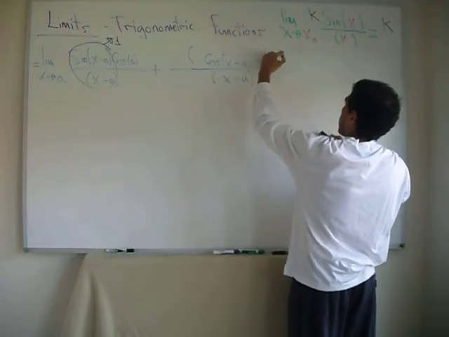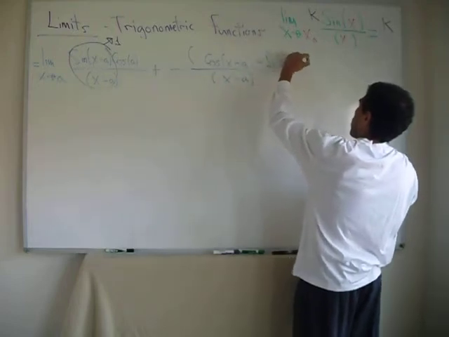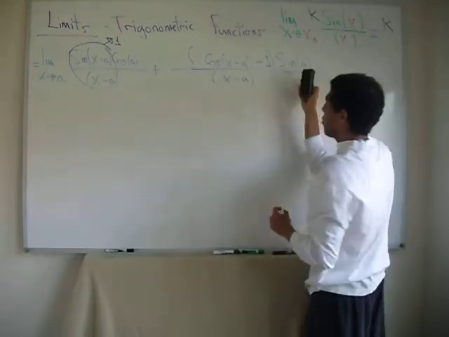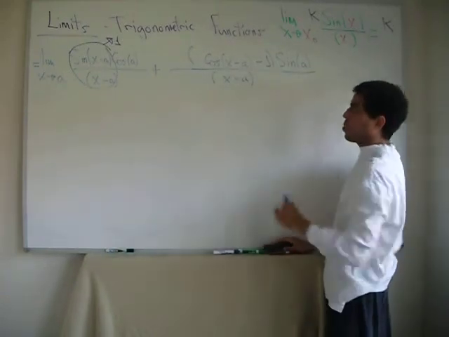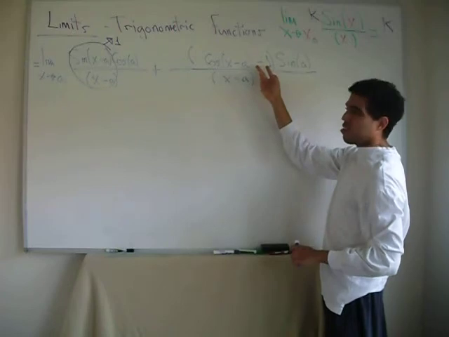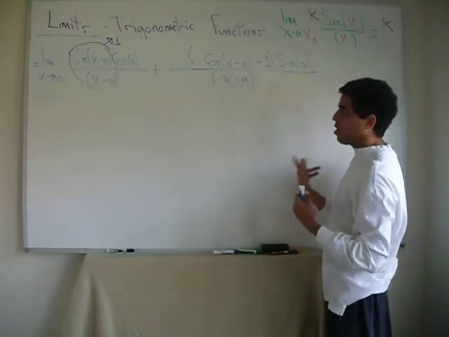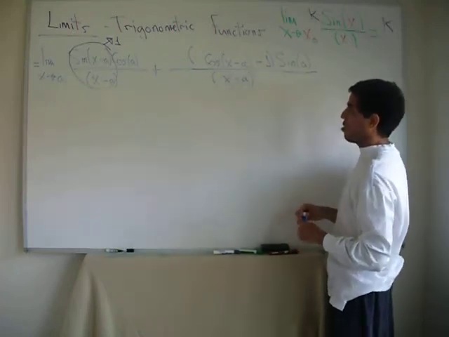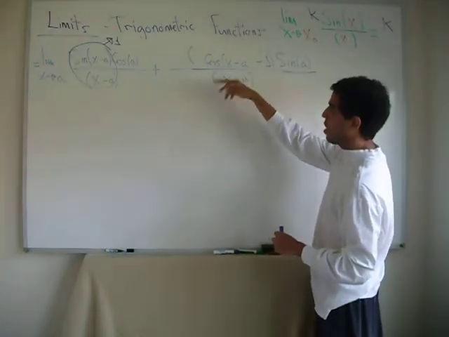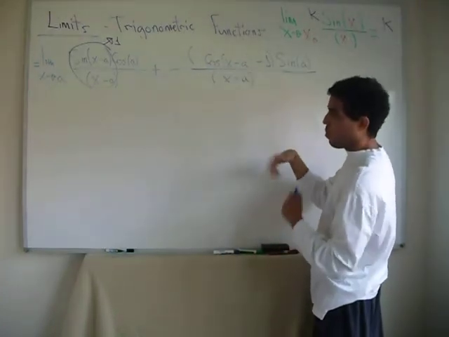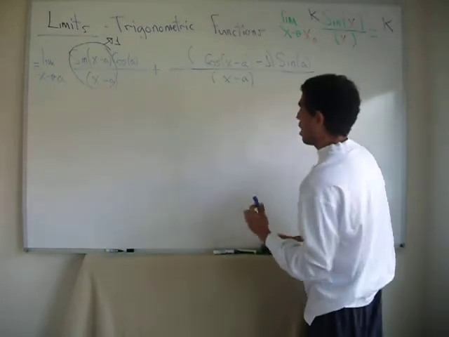It's going to look like this. Sine of A, common factor of cos of x minus A minus 1. Now, this looks a little bit familiar, and we can do a little bit better. Let's get the minus sign out of the expression so that we can make it look nicer.